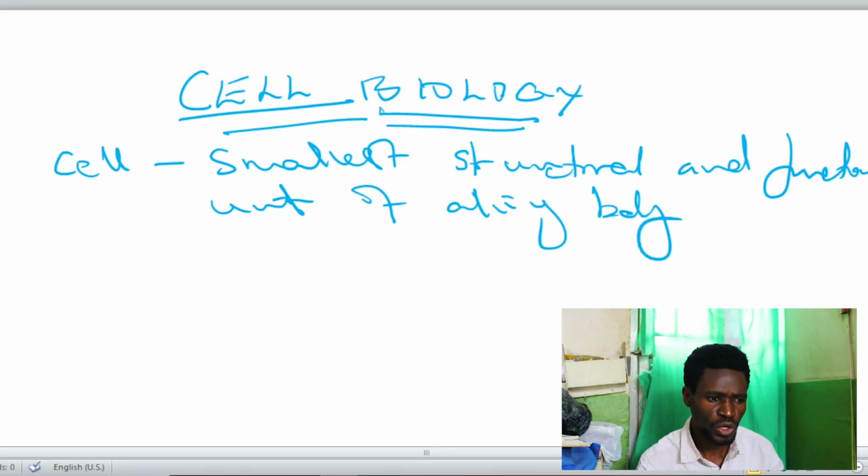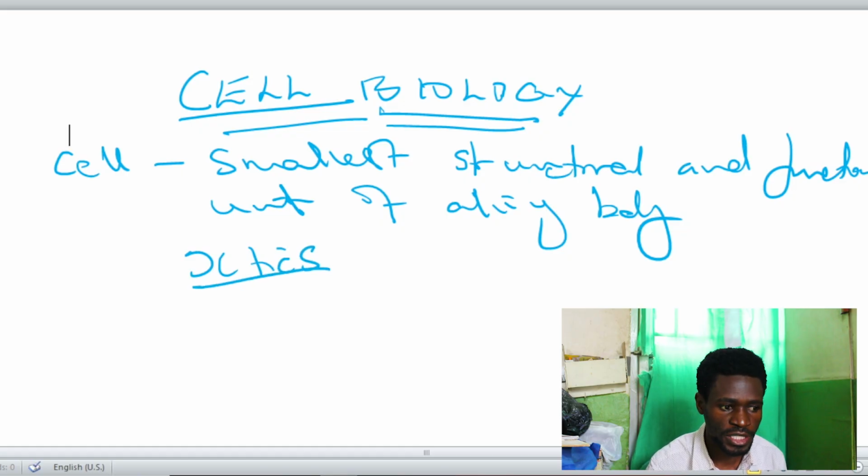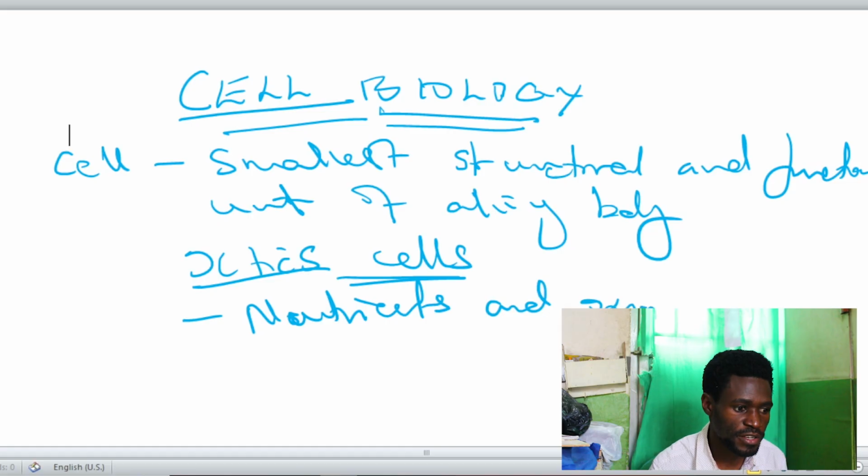So, looking at the human cells, they have some general characteristics. When we look at these, you will appreciate that they need nutrients and oxygen for their survival.